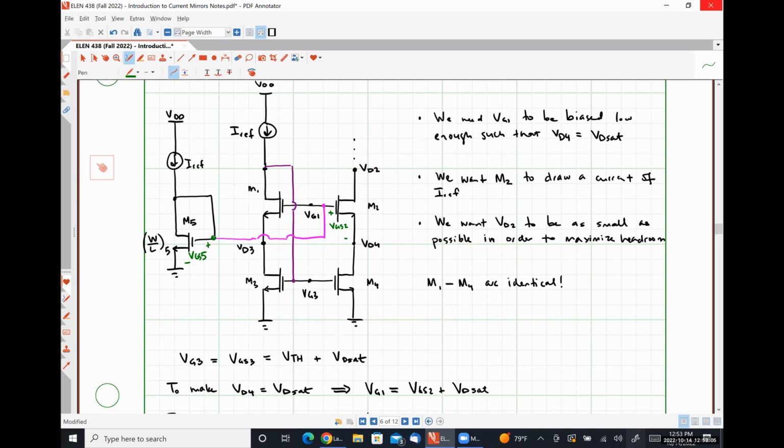And since the gate of transistor M5 and the gate of transistor M1 are tied together, VGS5 and VG1 actually represent the same voltage, okay?